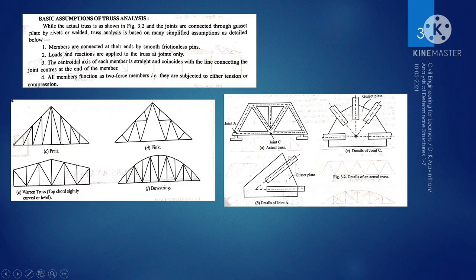So you have a separate connection member known as gusset plate. How these joints are formed is, you can see a plate here. So this is a separate member.